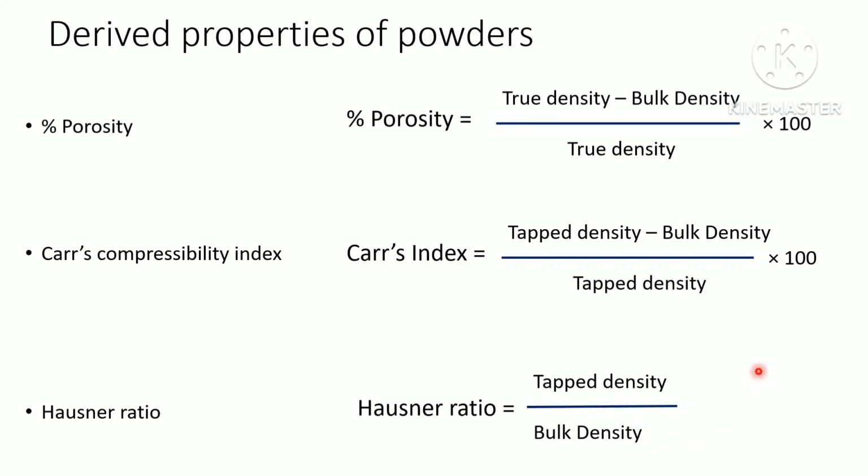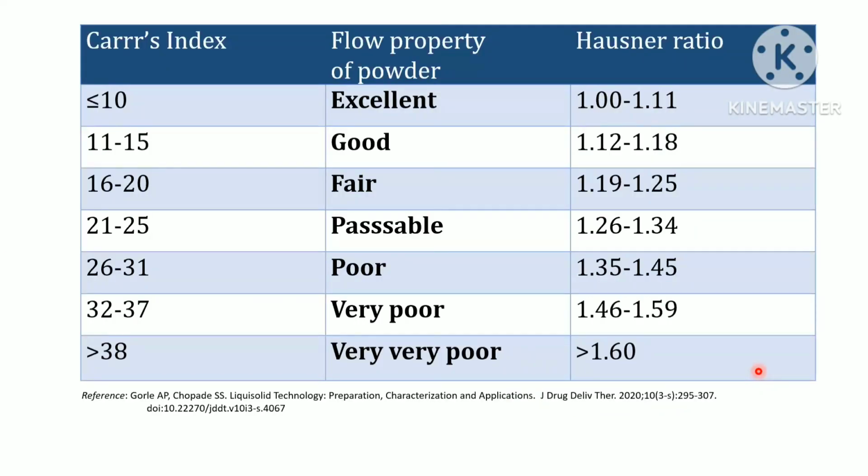Now we can correlate these derived properties of the powder with the flow property of the powder. So for instance, if the Carr's index is less than 10 and Hausner ratio is in the range of 1 to 1.11, then we can make a conclusion that the powder is having an excellent flow property.